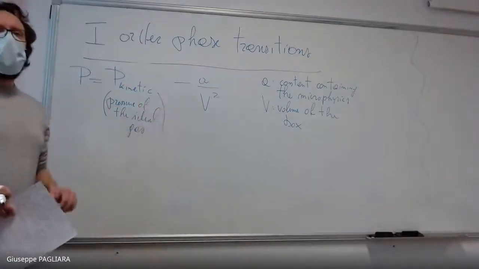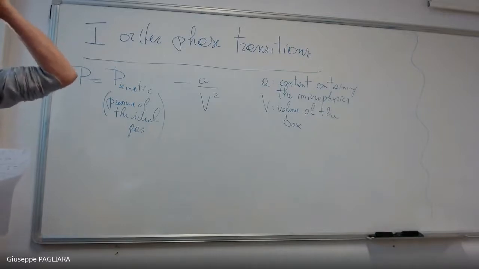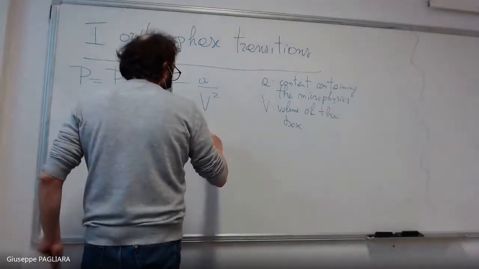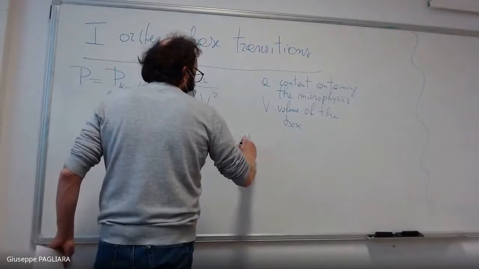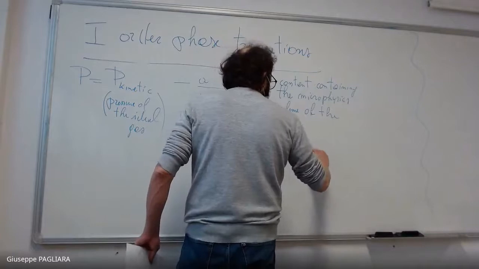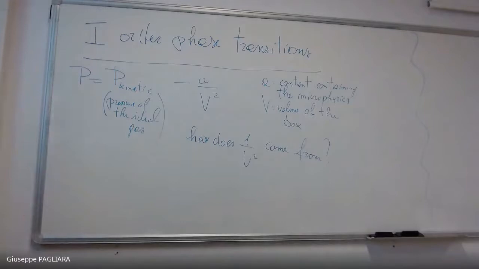So there is a minus there, and now we need to somehow justify where the dependence 1 over V squared comes from. This kind of equation of state will be justified in a deeper way when doing the canonical ensemble and introducing the virial expansion.